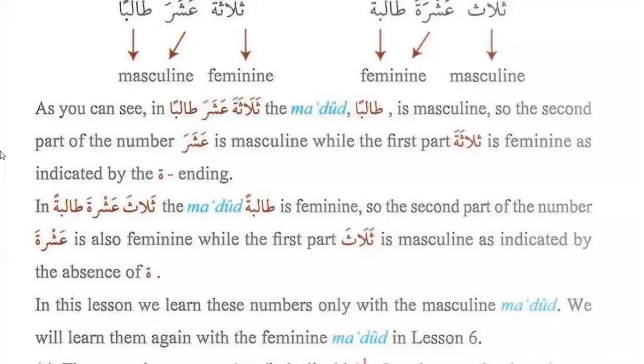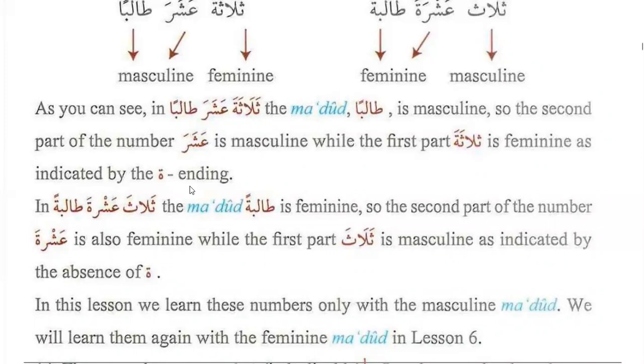In this lesson, we learn these numbers only with the masculine ma'dud. We will learn them again with the feminine ma'dud in lesson 6. So for masculine we will use ashara, for feminine we will use asharata, and the rest of the counting from 13 to 19 is the same as from 3 to 10.